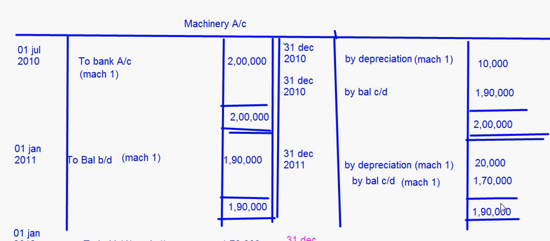So on 1st January 2013 the value is 2,40,000. So this is the balance sheet basically. The important thing here is the depreciation account and the machinery account, which I have shown here. This is how it is to be done, and with this I come to the end of this session. Bye.